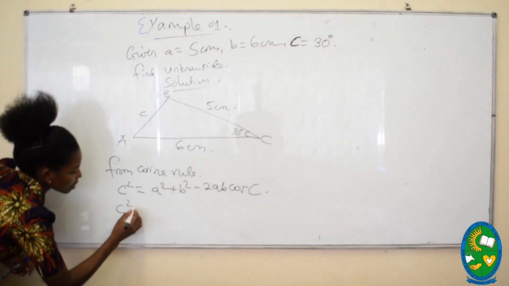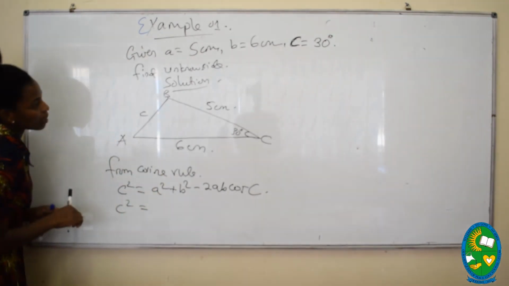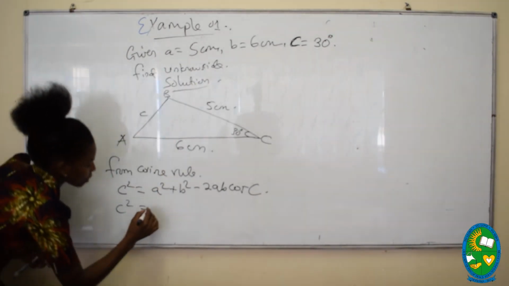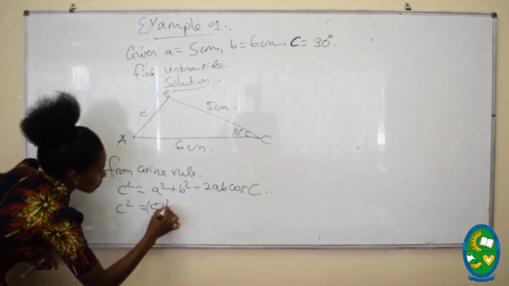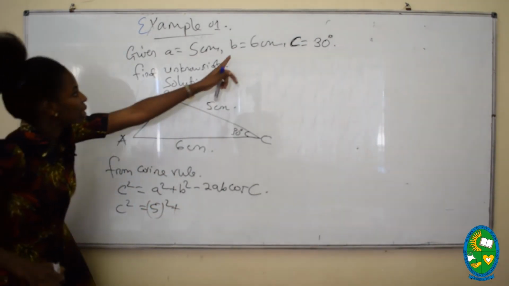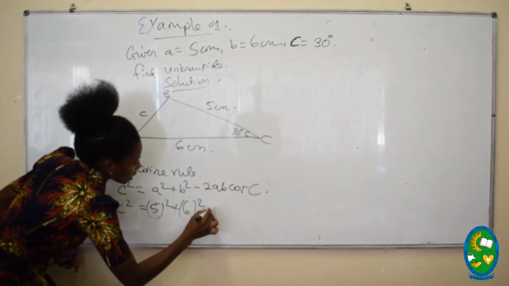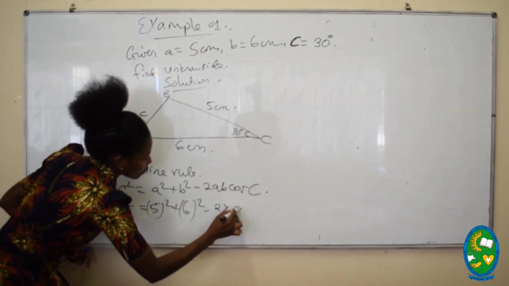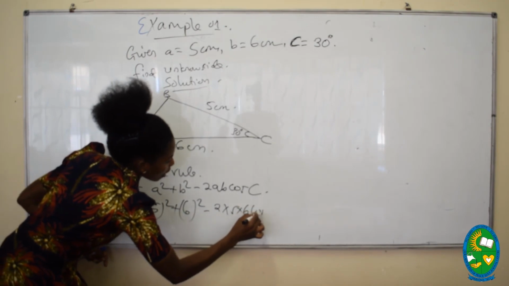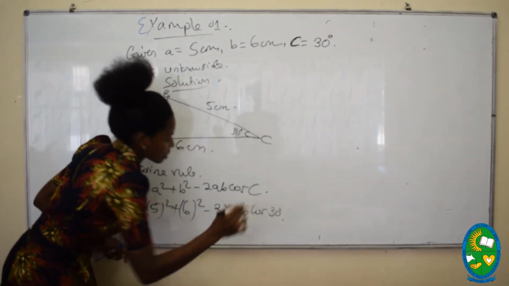So here we have c square equals 5 square plus 6 square minus 2 times 5 times 6, and then cos of 30 degrees.